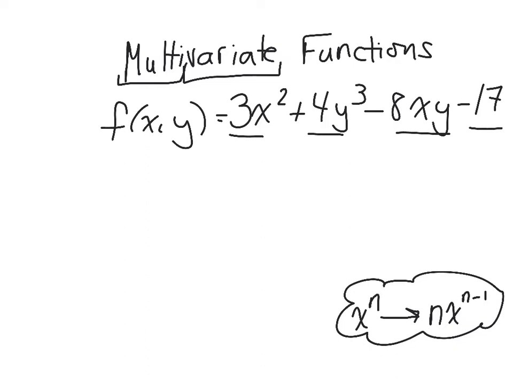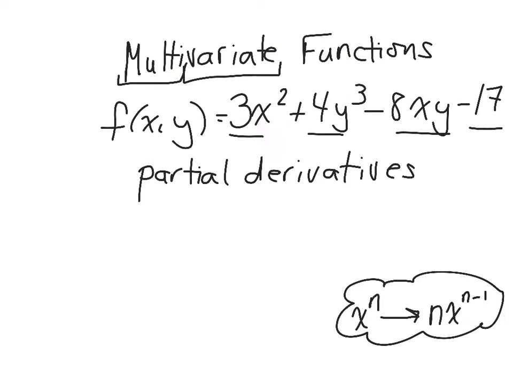So how is it different? We have two variables, which means we are able to take two partial derivatives. Two because that's how many variables we have, and partial because we're taking the derivative of one variable at a time.